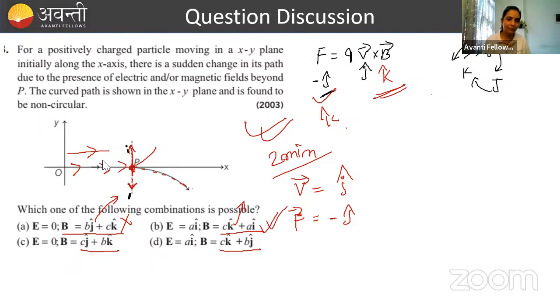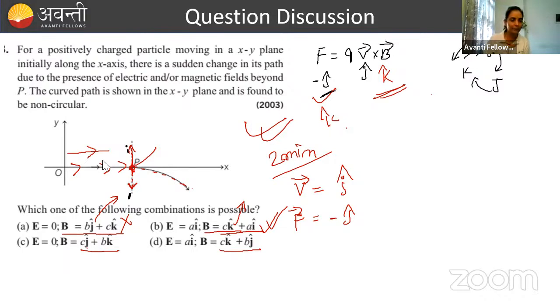So this may be correct. If the magnetic field is in k cap plus A i cap direction, the net magnetic force will still act only towards minus j direction, because the magnetic force due to the field in the x direction will be 0. So this will be the correct answer.